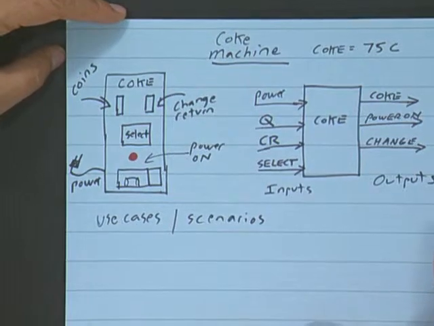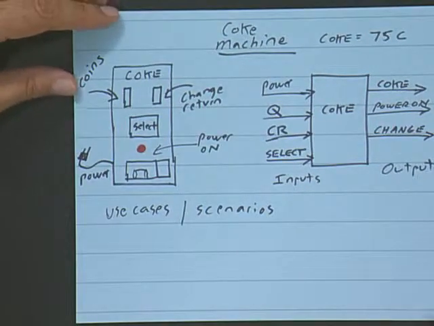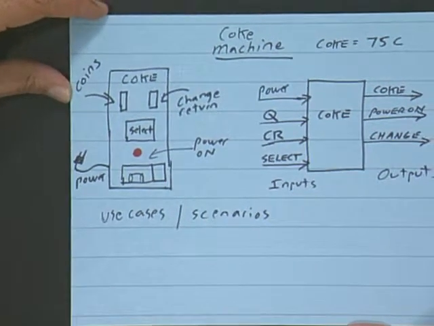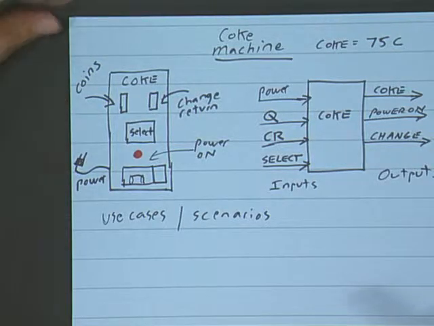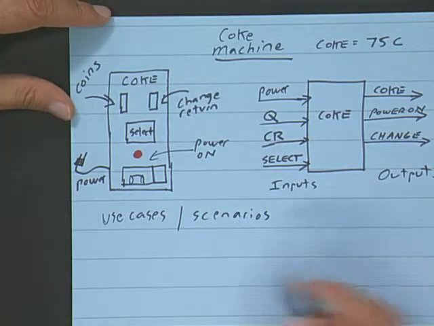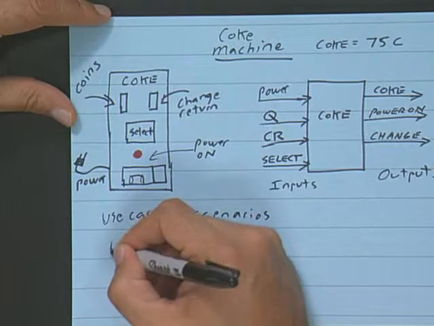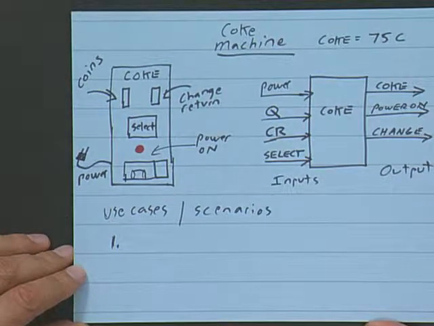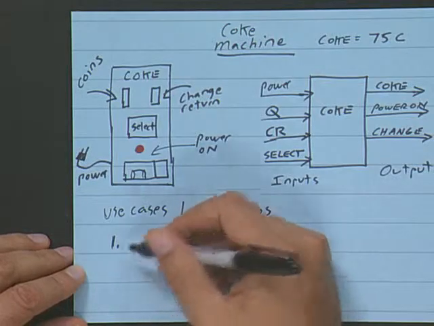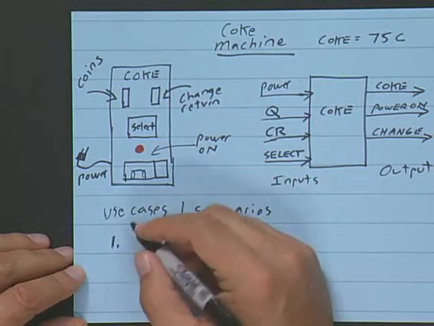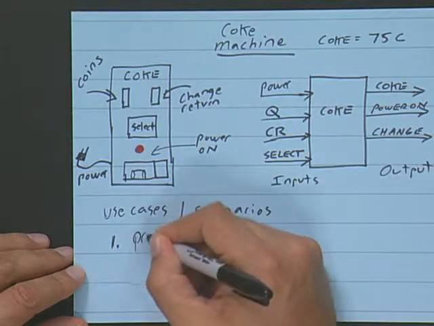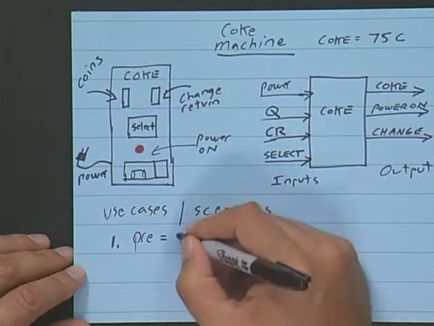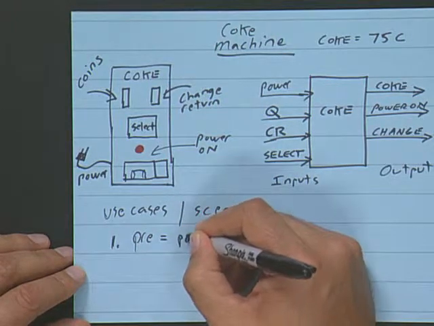So, one use case obviously is going to be, they're pretty simple for this, basically different ways of getting a Coke, right? But let's take the following scenarios. The following scenarios are going to be applied. The first thing is, let's say the precondition is that the machine is powered on.